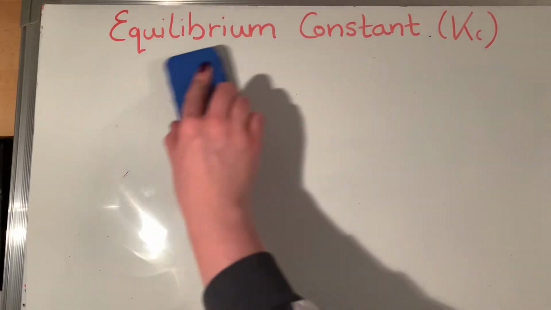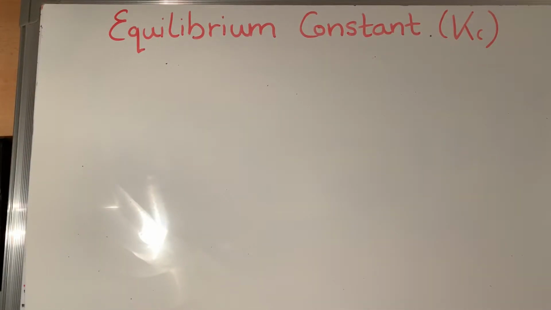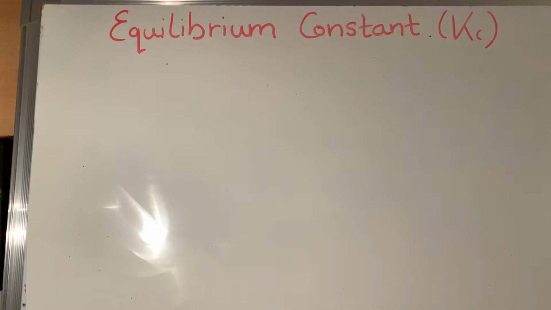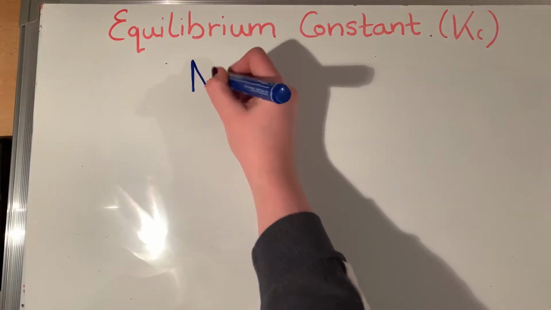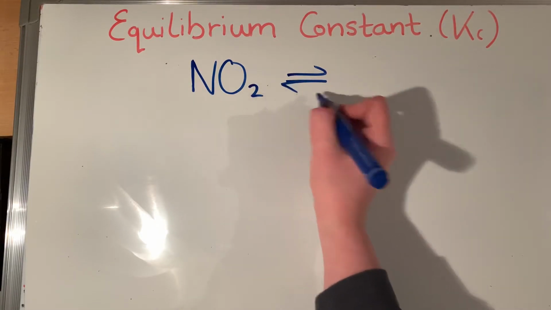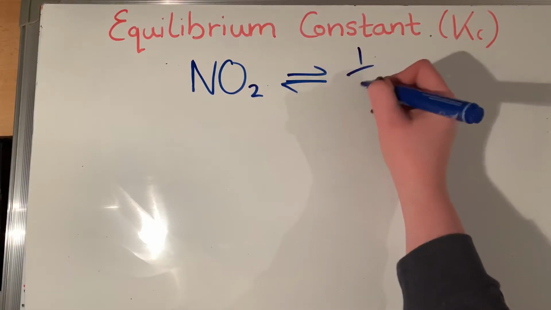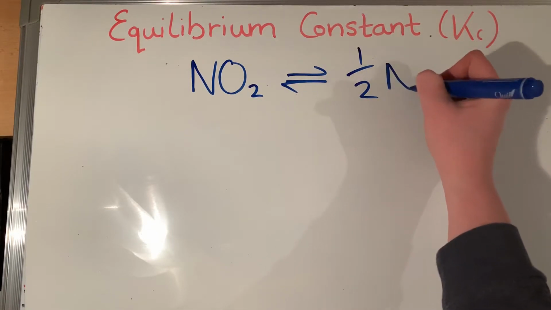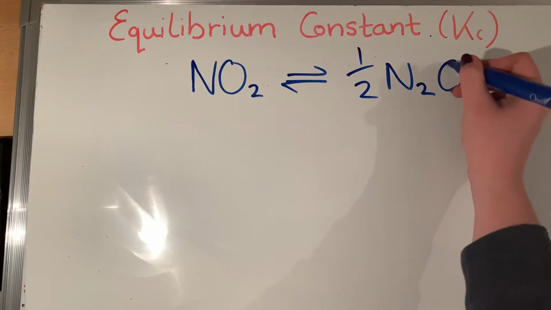We'll keep going. The third one in that question is NO2, which breaks down into a half N2O4.